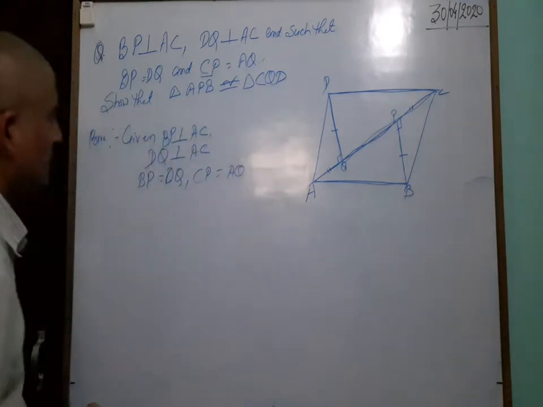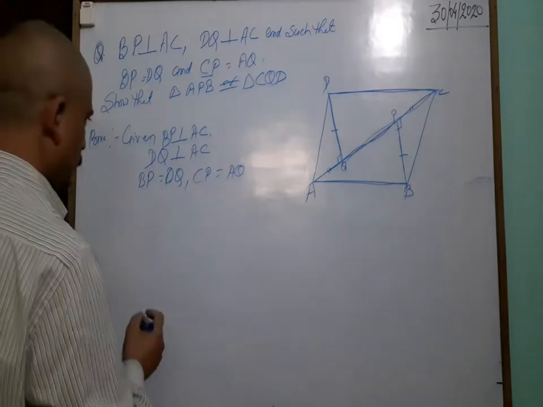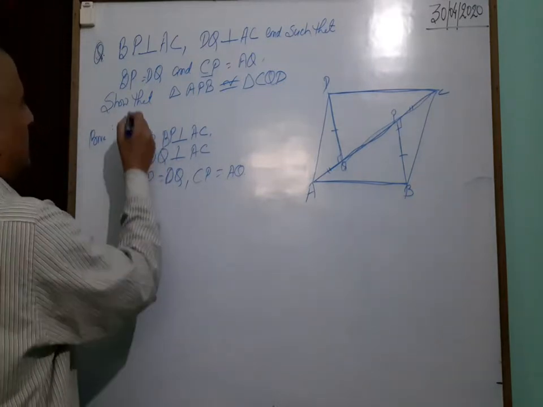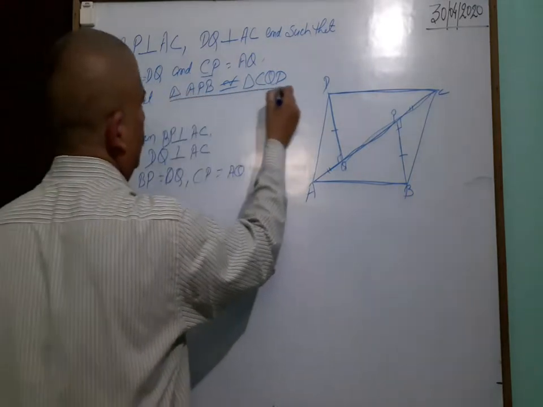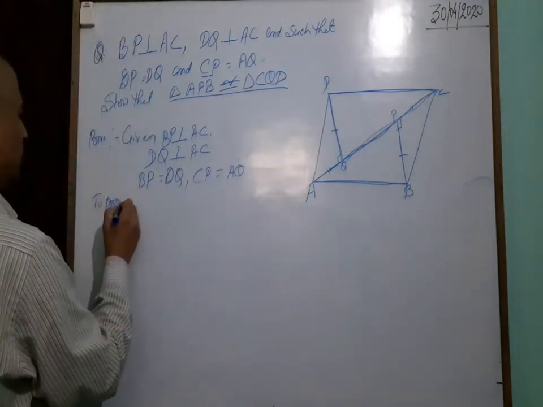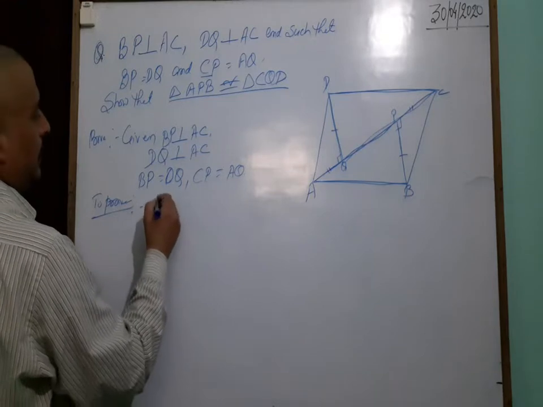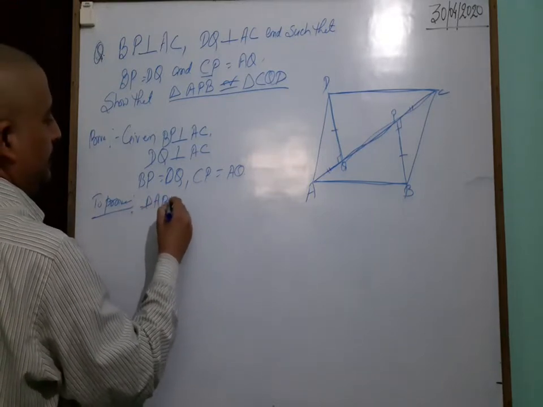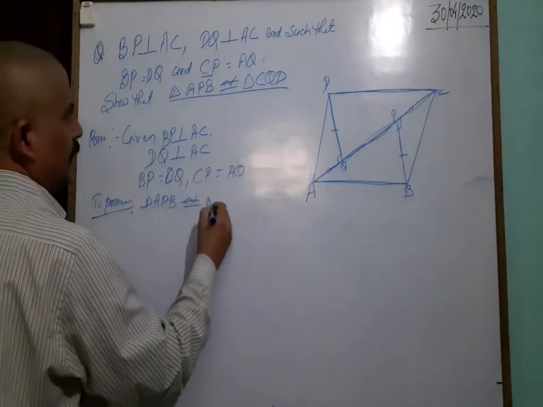So prove that triangle APB is congruent to triangle CQD.